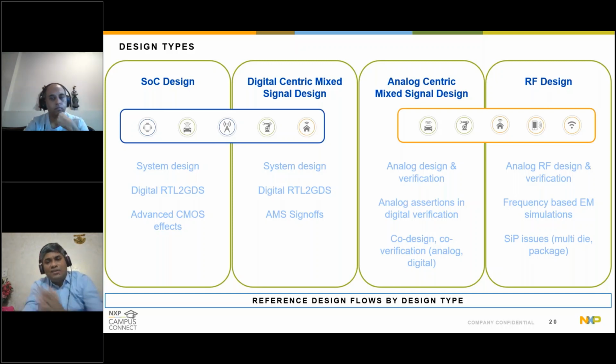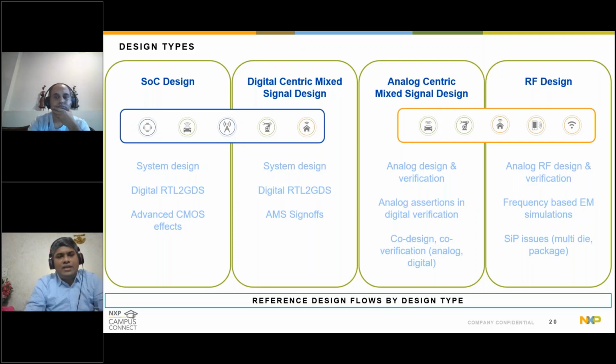And then when it comes to RF design, it's completely a discipline in itself, where we have RF design and verification, where we have frequency-based EM simulations or SiP issues, getting models. So we have to have design methodologies which cater largely to the associated design cycle, but also which address the specificities of each animal that is listed here. Okay?